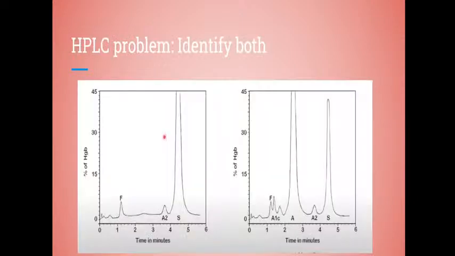And this is an example of a high-performance liquid chromatograph. This was taken directly from a lecture that I conducted in Saudi Arabia for hemoglobin electrophoresis and high-performance liquid chromatography.